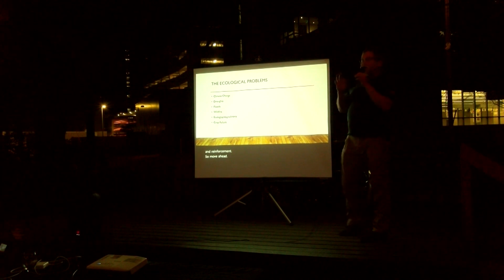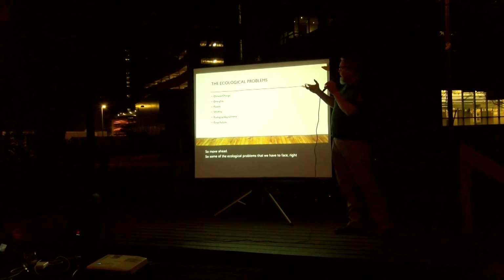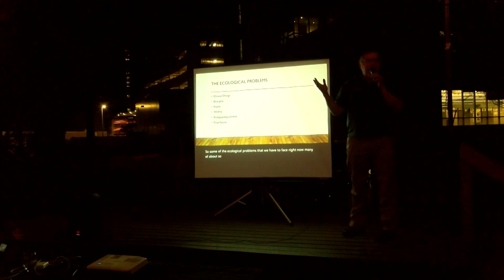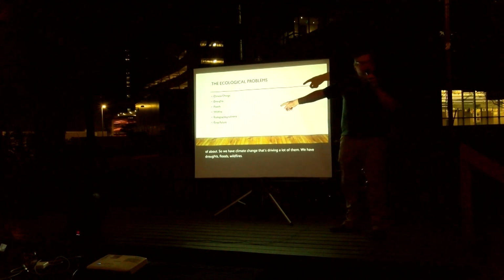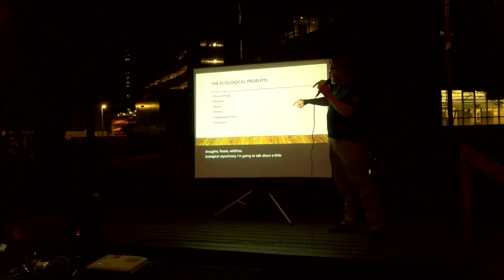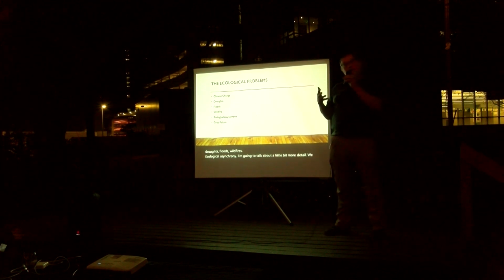So some of the ecological problems that we have to face right now, many of you know about. So we have climate change is driving a lot of them. We have droughts, floods, wildfires, ecological asynchrony, I'm going to talk about a little bit in more detail. We have crop failures and those sorts of things.